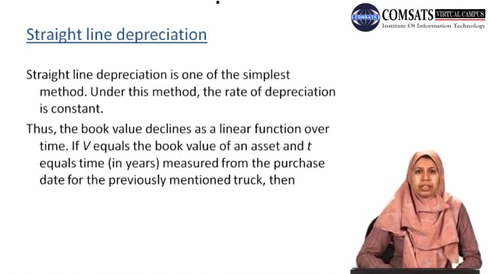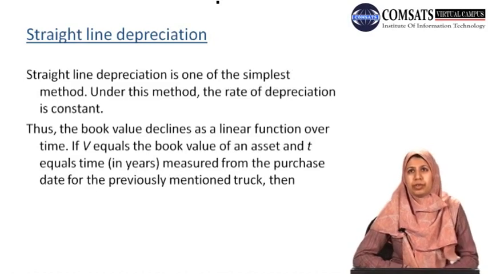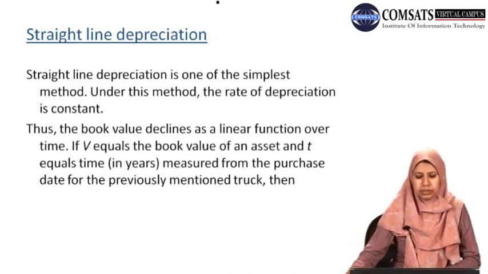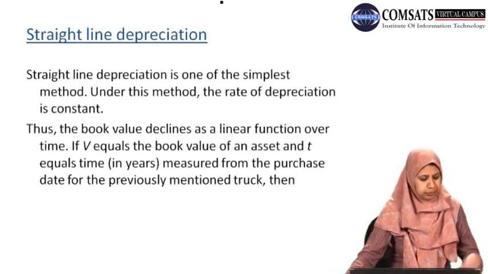That is, every year the decrease in the amount of the truck will be $4,000. So the rate of depreciation is constant. So the book value declines as a linear function over time.